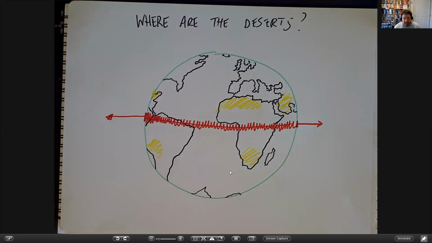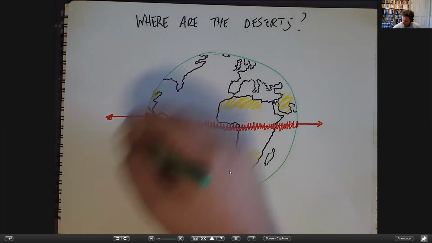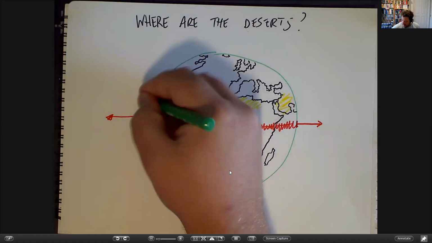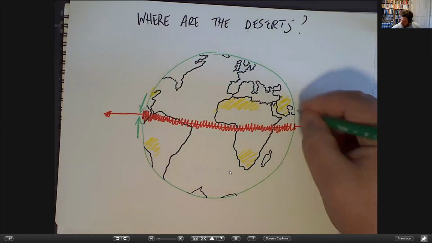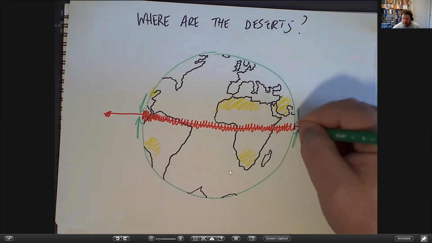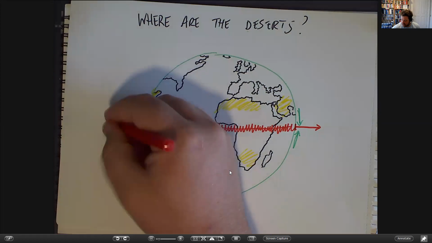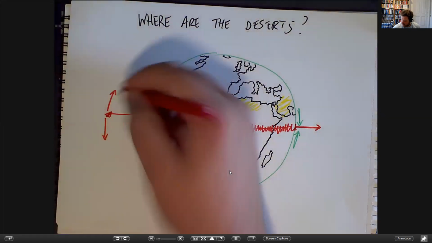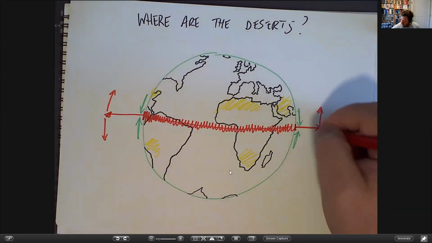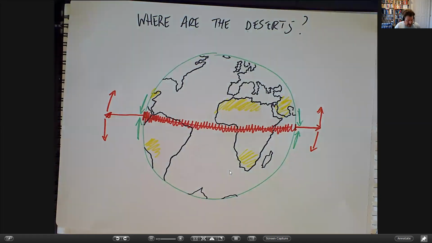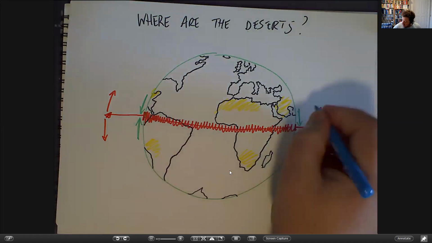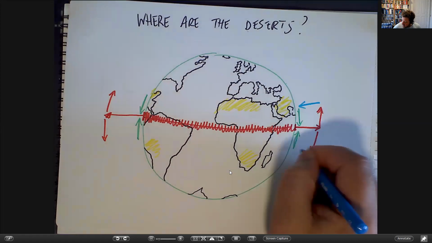And then, of course, just as always, air's going to rush in to fill the gaps left behind by that. And then we're going to get those convection currents going again, the ones that we've seen a few times before now. And now we're going to have that cold air coming down the way.